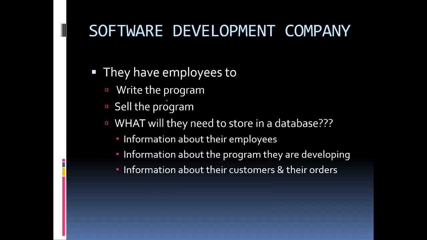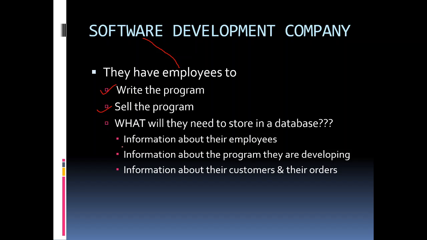So let's have an example of a software development company. They have employees who write the programs, then they sell the programs to the public. So what will they need to store in a database?